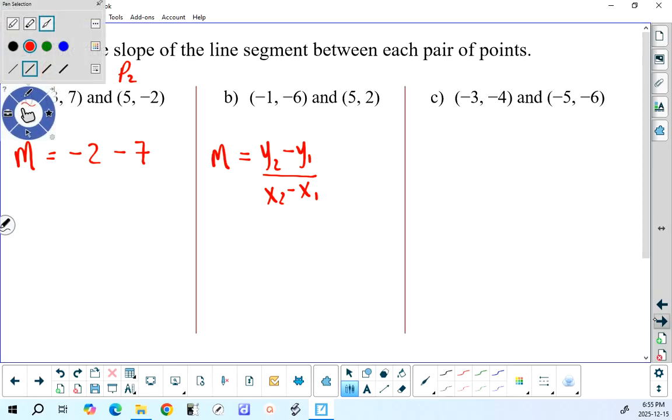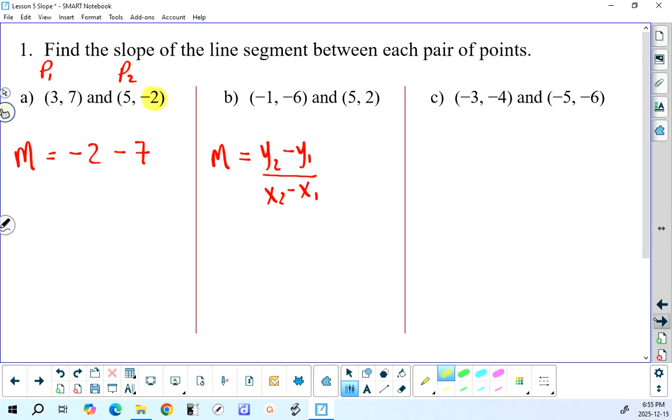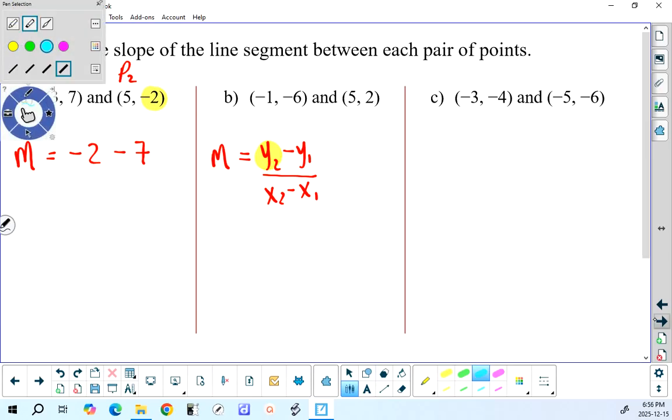This is y2, this is y1, so I'm taking y2 minus y1. That's what's going on the top of the fraction.